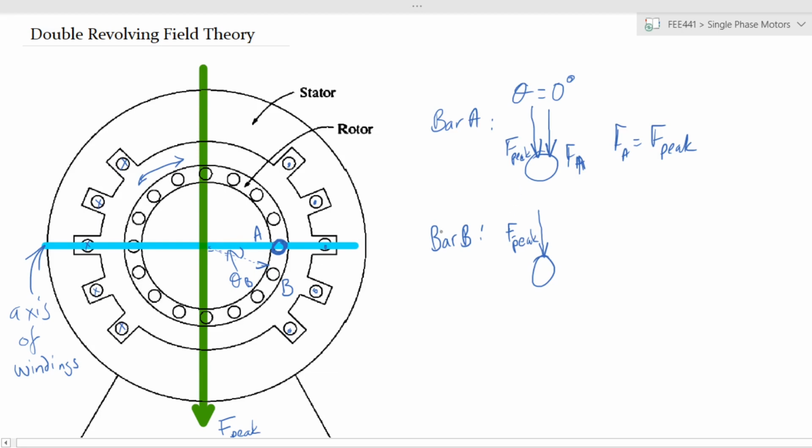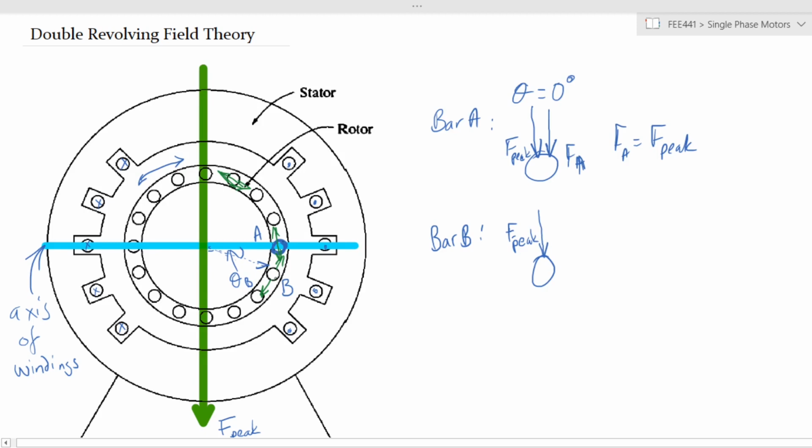Now, the direction in which this bar can move, let me use a different color to represent it, is that way or that way. It is tangential to where the bar is. At any given point, the freedom of movement of any bar is tangential to its location within the rotor.